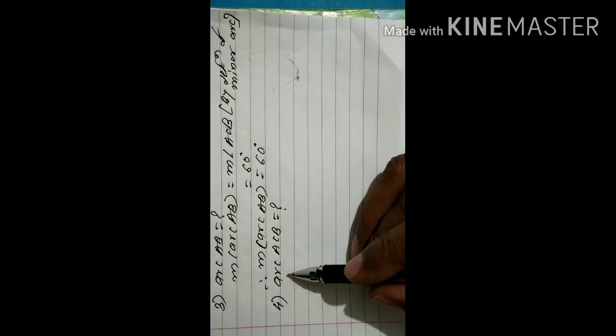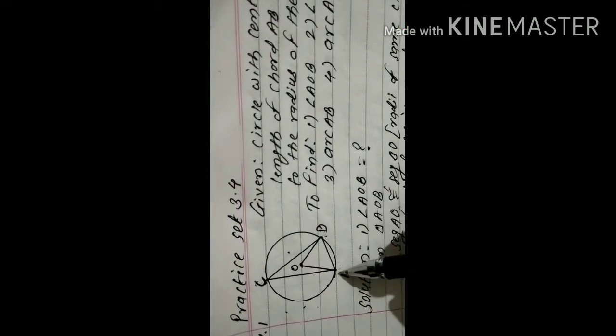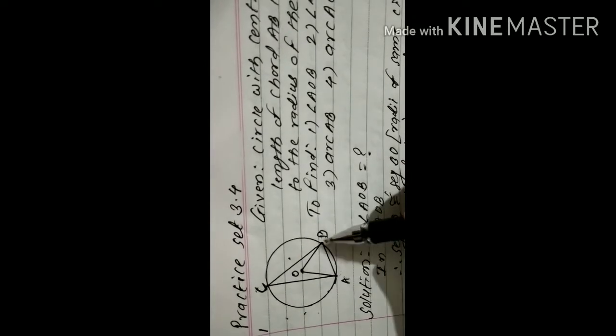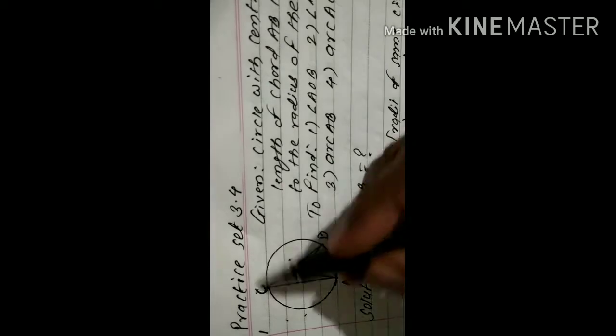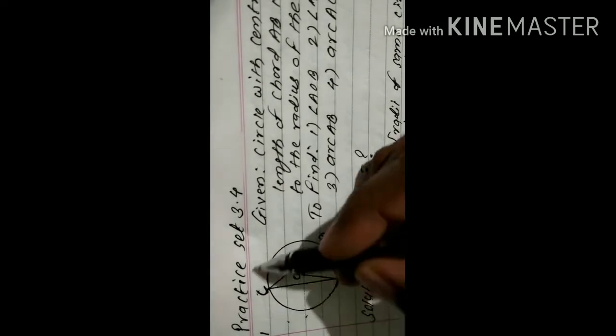Fourth, arc ACB in the figure. This arc ACB plus arc AB is a complete circle. Measure of arc ACB plus measure of arc AB is a complete circle.